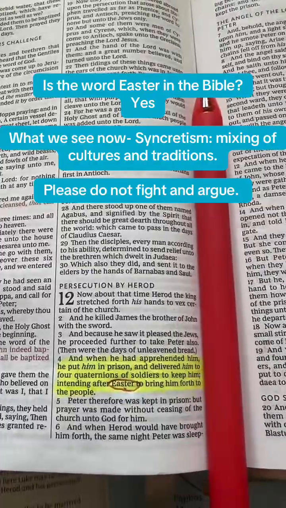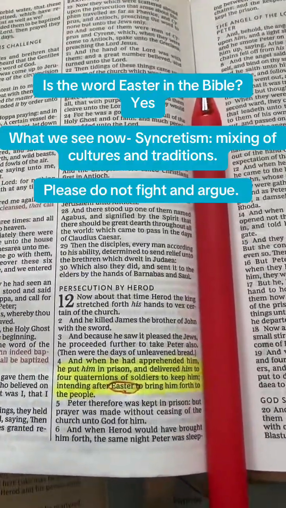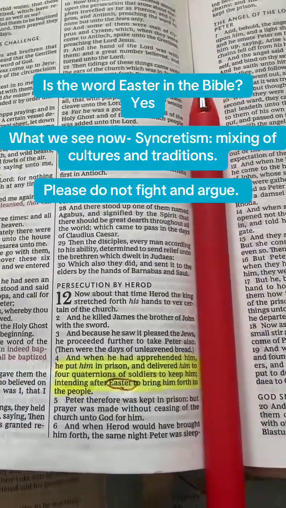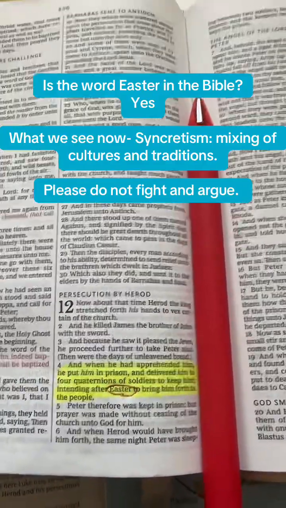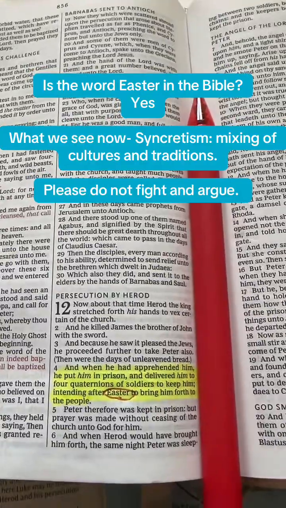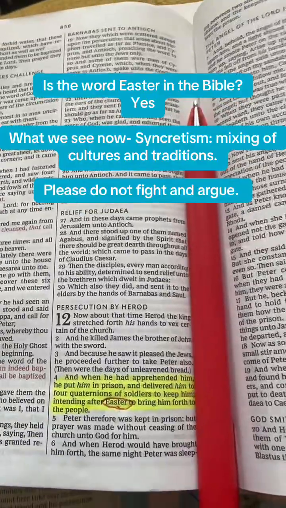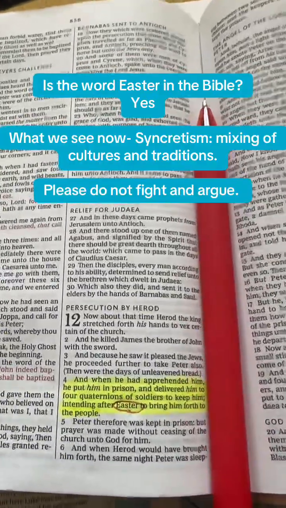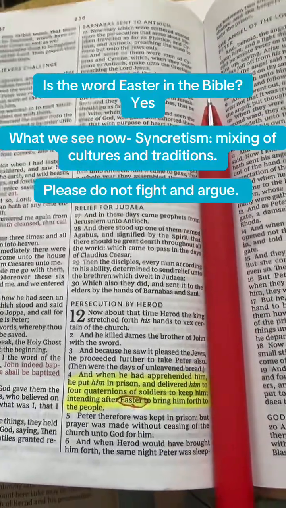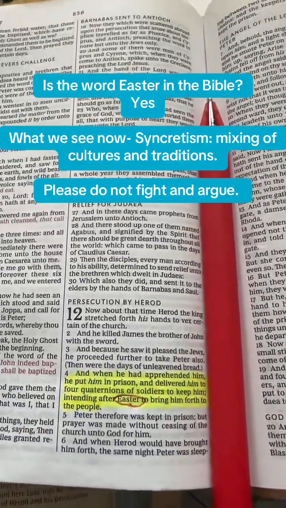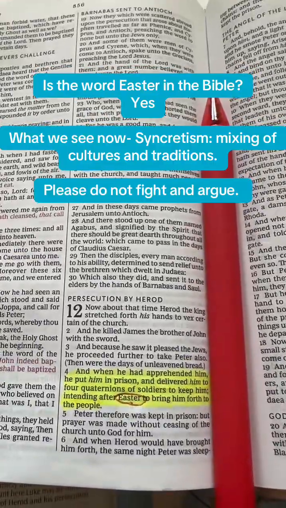That's when you blend two different religions or two different spiritual or cultural elements together. Syncretism. So yes, the modern cultural Easter that we all know, eggs and candy and ducks and rabbits, you see in all these fertility symbols, yes, this is a form of syncretism.